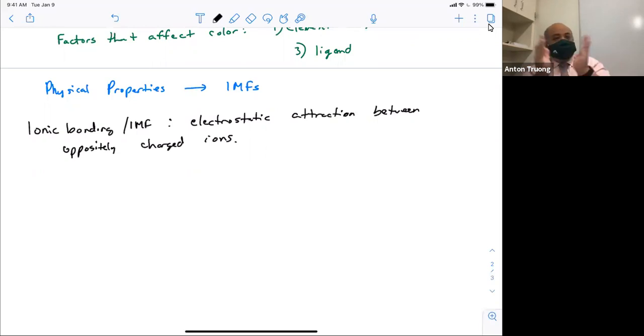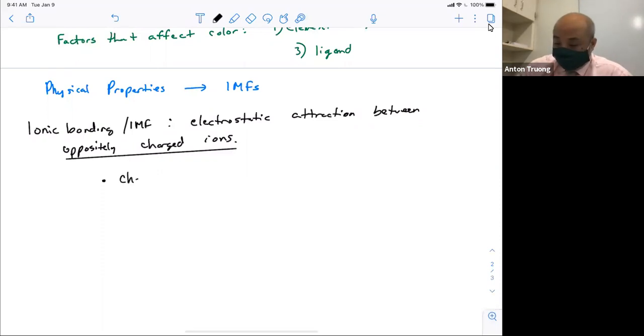Understanding ionic bonding helps you understand the characteristics of ionic compounds and whether the melting point increases or decreases. To strengthen that electrostatic attraction between oppositely charged ions, you do two things about the ions. One, the charge of the ion dictates how strong that ionic lattice is.